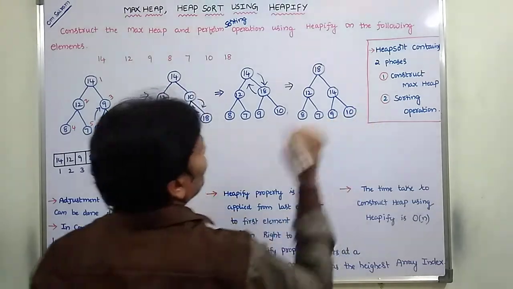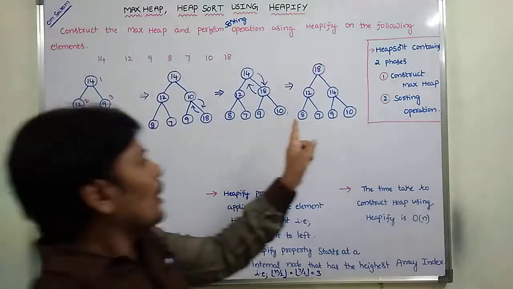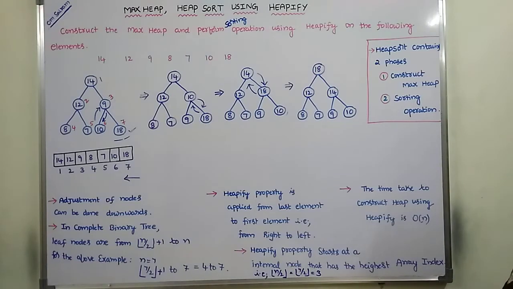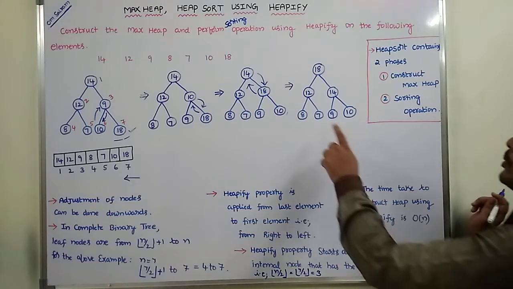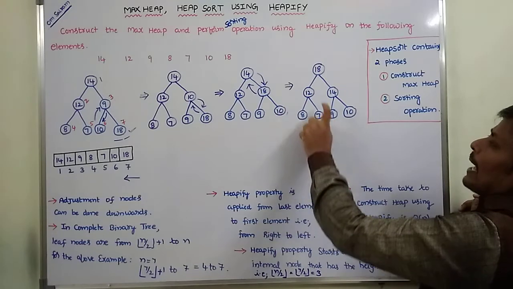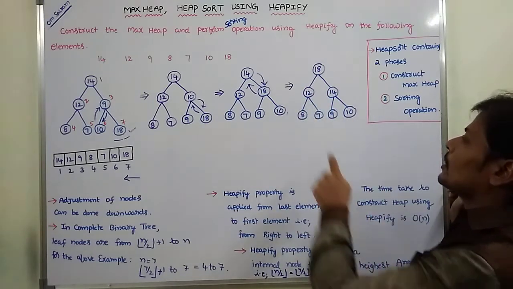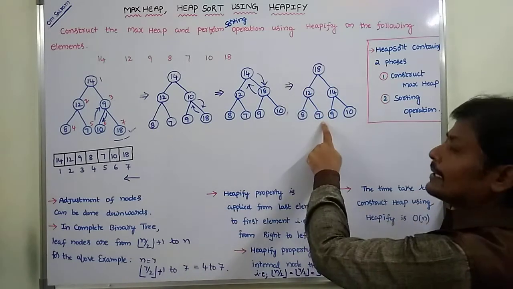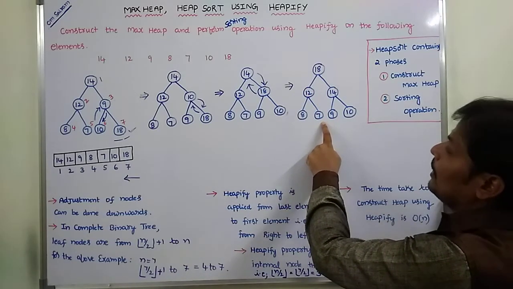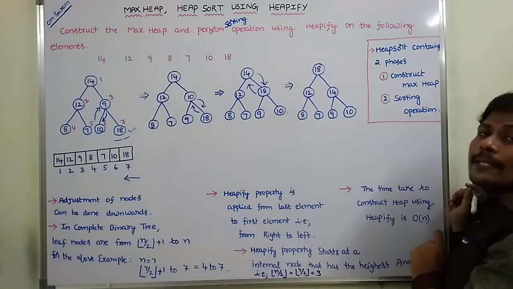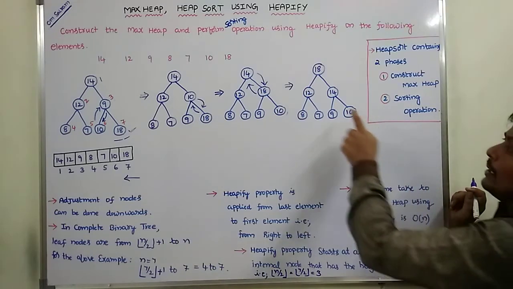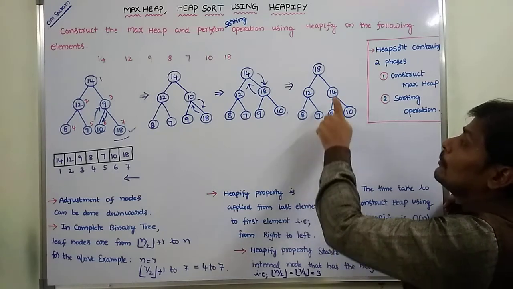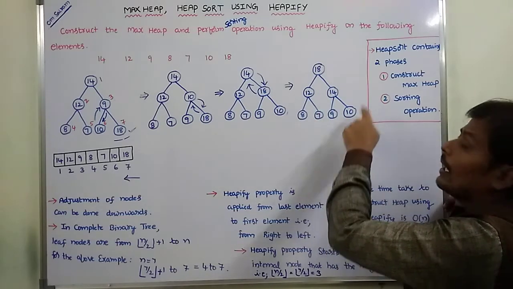Now we have to observe whether the maximum heap property is satisfied or not. 8 and 7 have the parent 12. 12 is greater than 8, it is true. 12 is greater than 7, it is true. On both sides it satisfies the maximum heap property. Next, 14 is compared with 9, it is true. 14 is compared with 10, it is true.